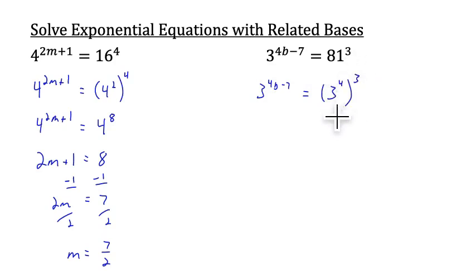So 3 to the 4th power equals 81, so this is just a different way of writing 81 to the 3rd power. So these are exponent properties here to simplify a little bit. Now we have two exponential expressions with the same base set equal to each other, so the exponents must be equal to each other.